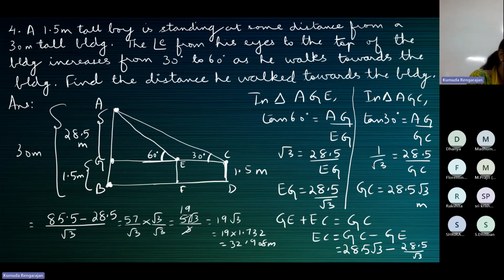Yeah, correct. 28.5 divided by 3 is 9.5, 9.5 into 2 is 19. Right, fine. Yeah, you can do that. You can take out 28.5 common.